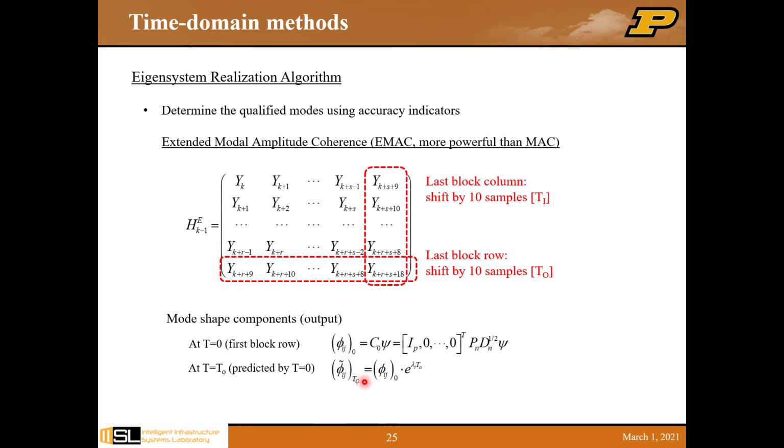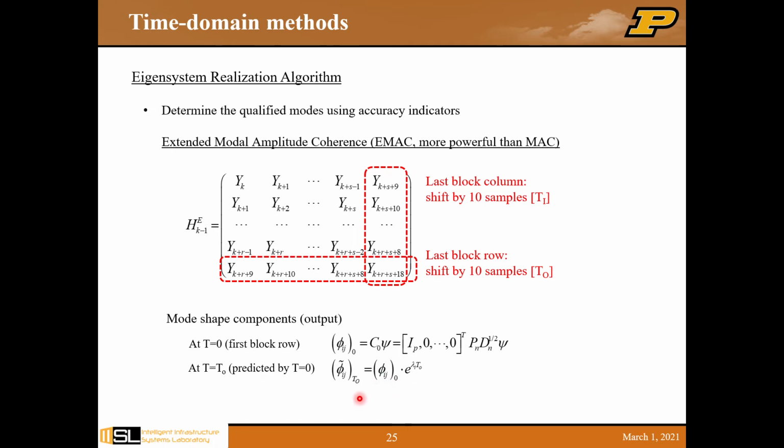So phi ij0 is equal to C0 times psi, which is equivalent to extracting the first block row of the mode shape block. That is equal to Pn times Dn to the 1/2 times psi.